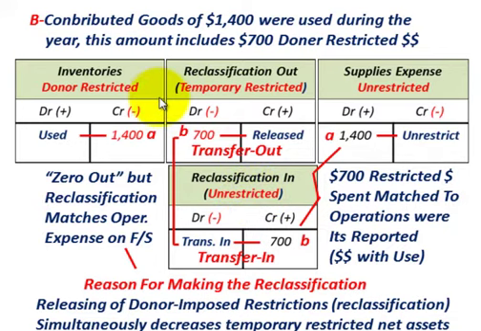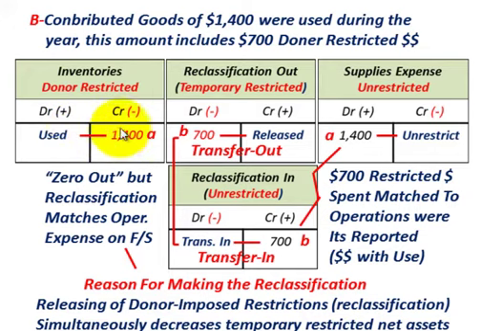So this is the case where we recognized the expense coming out of inventories. In this case, we have recognized the expense, but the expense is recognized based on meeting those donor requirements. So in our inventories account, for the total $1,400, we would have credited that for the $1,400.